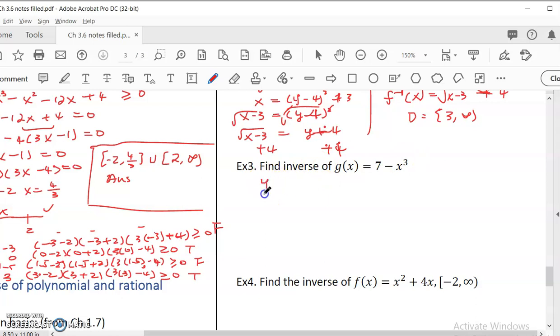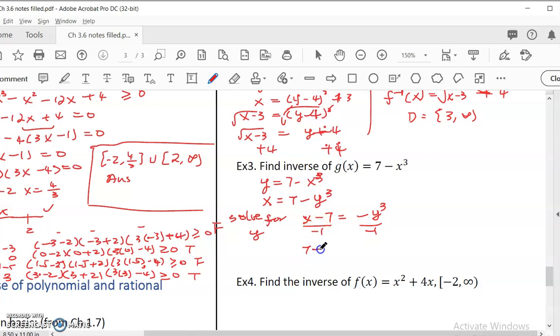So we quickly just say y is equal to 7 minus x cubed. So instead of writing g of x, we write y. Then switch: x equals 7 minus y cubed. Solve for y. So we want to get rid of the 7. x minus 7 equals negative y cubed. And then we need to divide by negative 1.